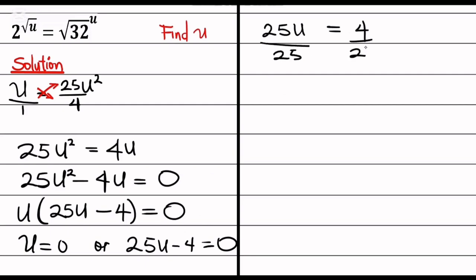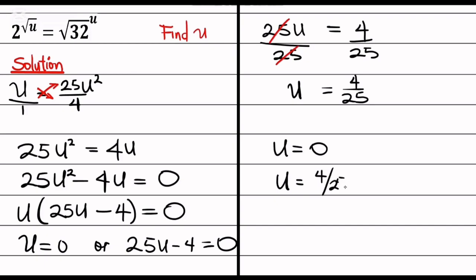So what do we have left? These go for this, and we have u equals 4 over 25. Now this is our final answer. u is equal to 0, and at the same time u equals 4 over 25. Final answer.